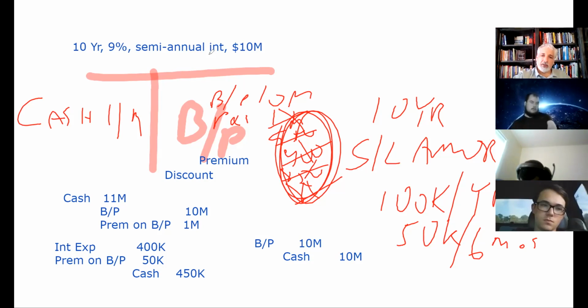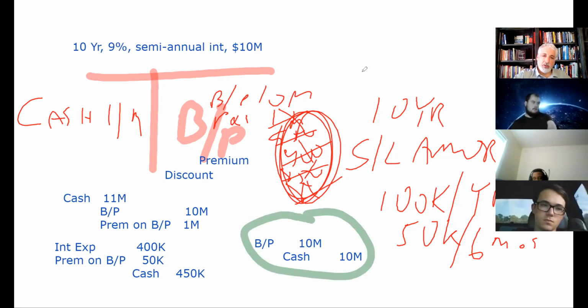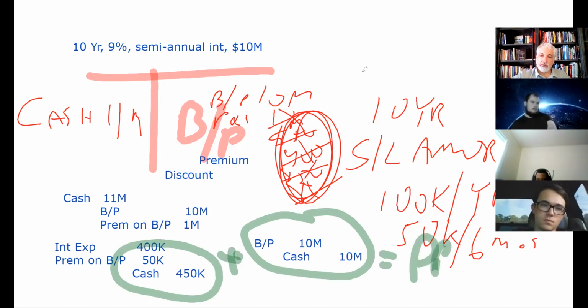So we're going to look at our cash flows. We got that cash flow once, and we get this cash flow 20 times. You add the discounted cash flow, and that's the price of our bond. That's how you determine that a $10 million bond is going to cost more or less than 10 million.